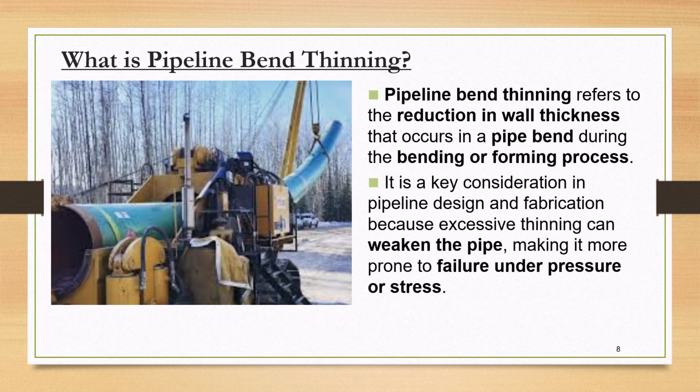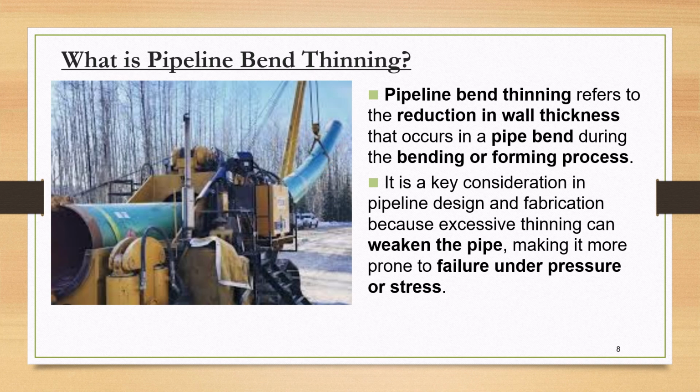Now what is pipeline bend thinning? Pipeline bend thinning refers to the reduction in wall thickness that occurs in a pipe bend during the bending or forming process. You see in this image how the pipeline is being bent.